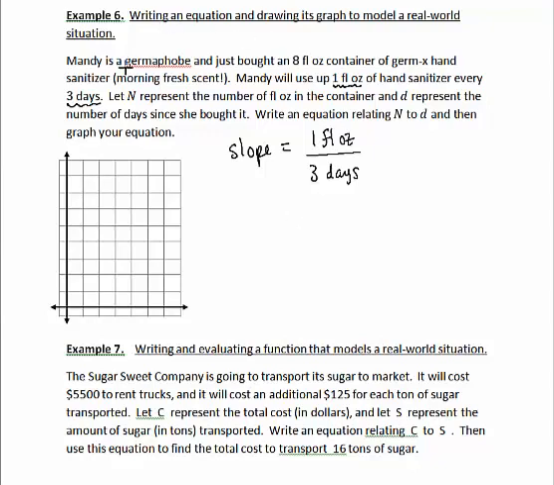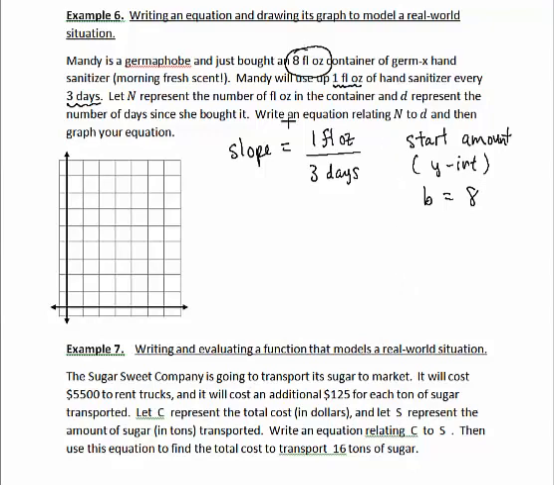In this case we're talking about hand sanitizer. How much did we start with? It told us that we started with 8 fluid ounces. So the starting amount is one way that you can pick out your y-intercept. In this case, we say that b equals 8.